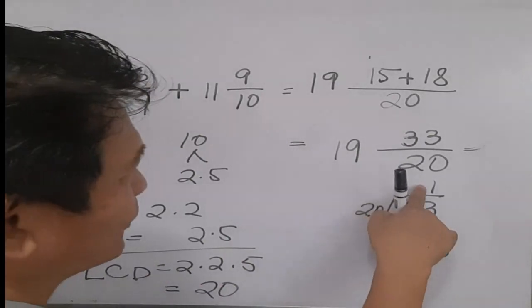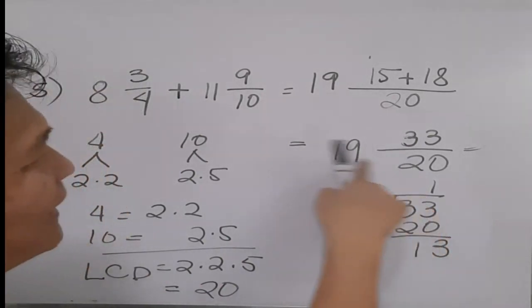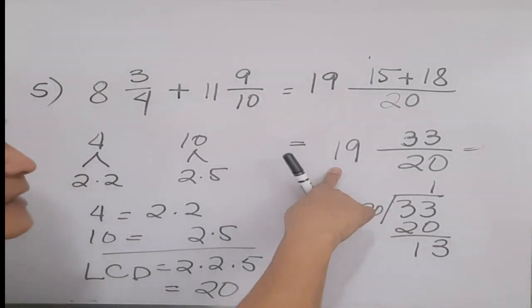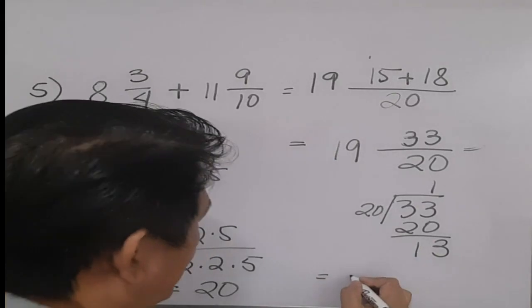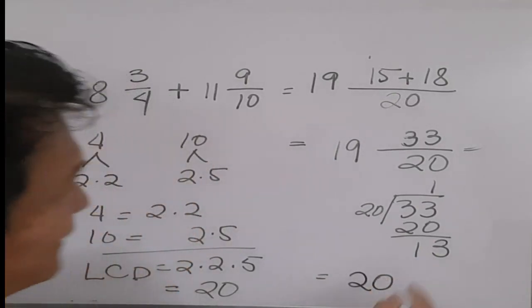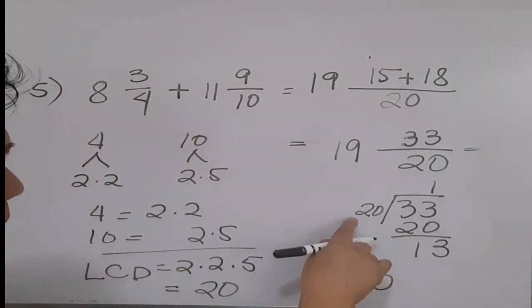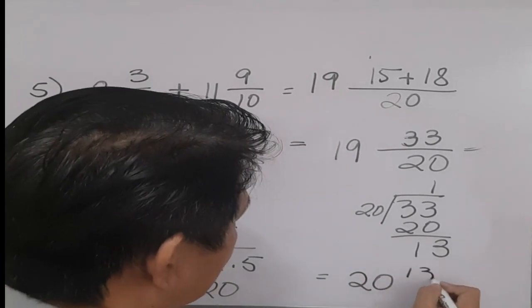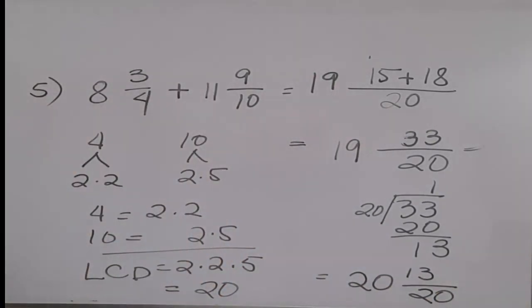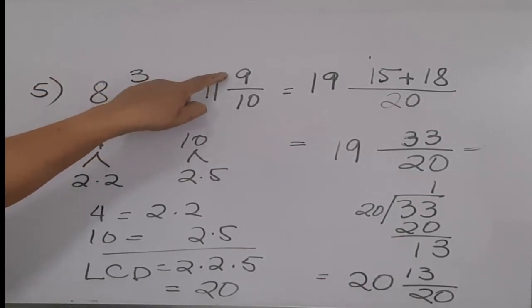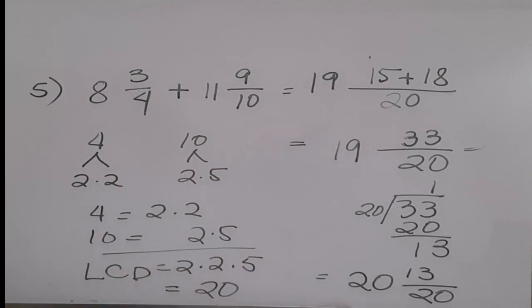Ngayon, itong 1 na ito, yung whole number, itatag natin dun sa 19. So, 19 plus 1 is 20. And then, ang ating numerator and denominator, 13 over 20. So, ang 8 and 3/4 plus 11 and 9 over 10 is equal to 20 and 13 over 20.